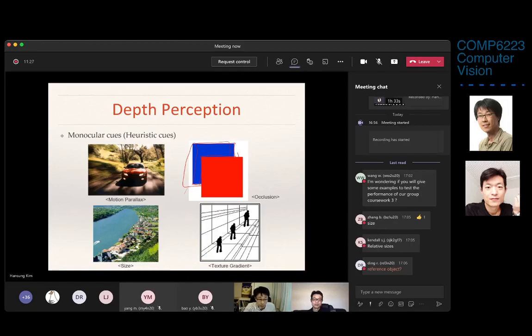Size, a very important cue. You know the size of a house, but this one is much bigger because it's closer. Texture gradient: a similar one was shown before. They actually have the same size, but with this kind of texture gradient, it looks bigger, right? This kind of texture gradient is also a good cue.